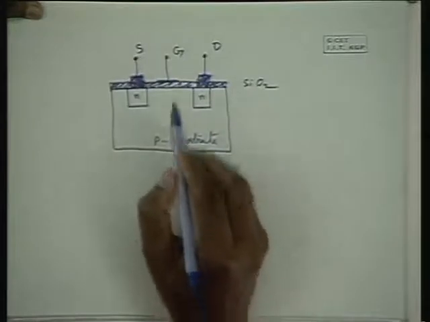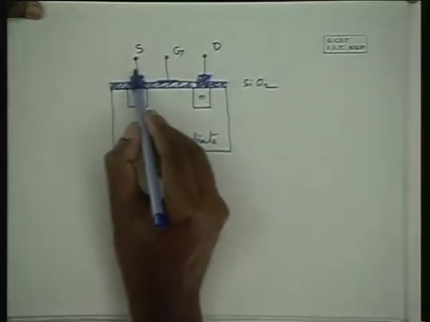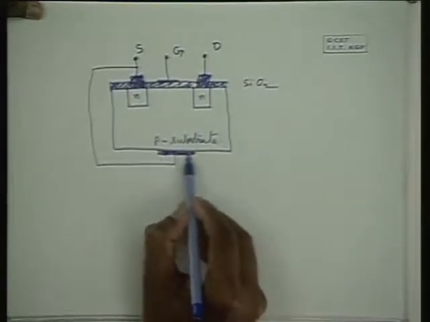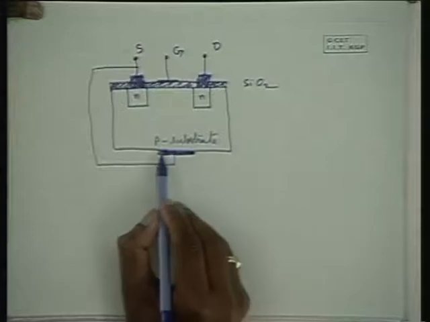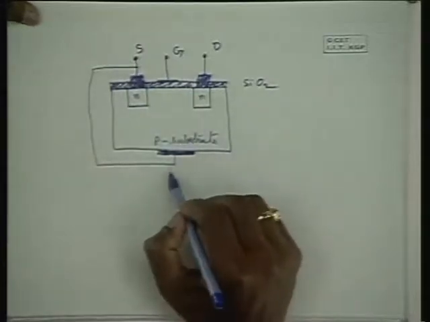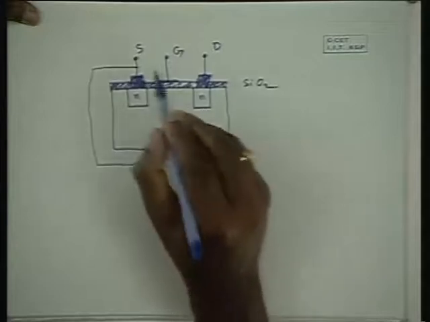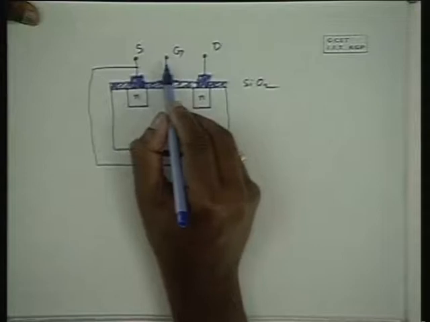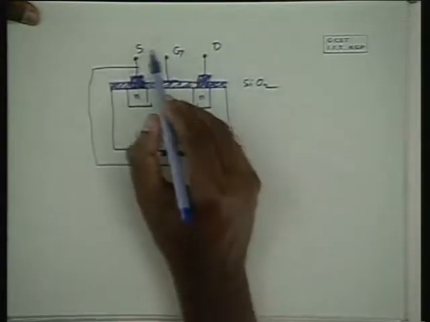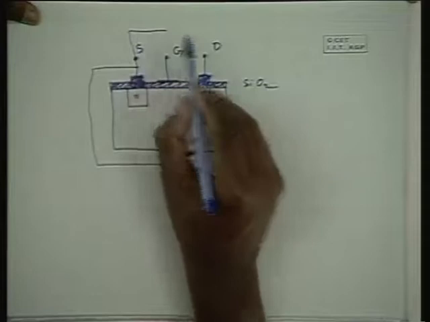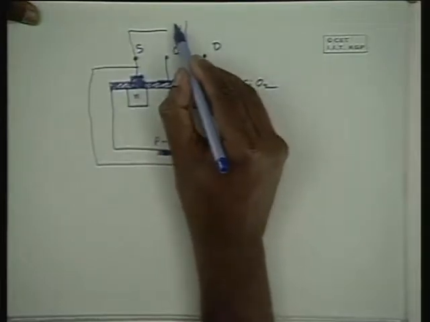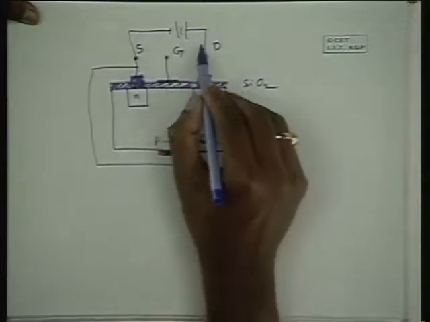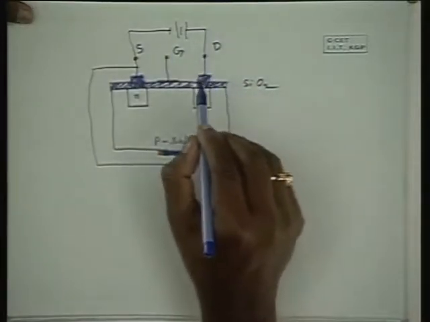And in normal operation, please note that as I mentioned earlier, the P-type is usually connected to the source, shorted with the source, or through an ohmic contact. When the gate and source are short circuited, that means the gate is maintained at the source potential. If you connect some supply between the drain and the source, do you expect current to flow through this?